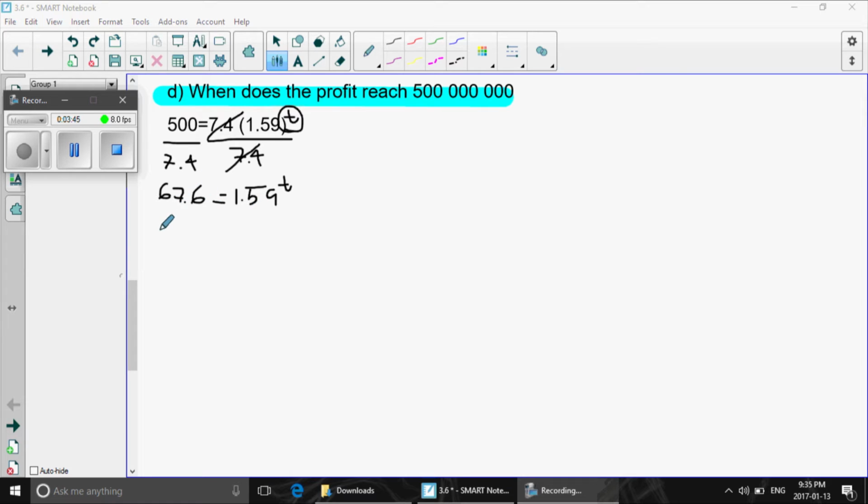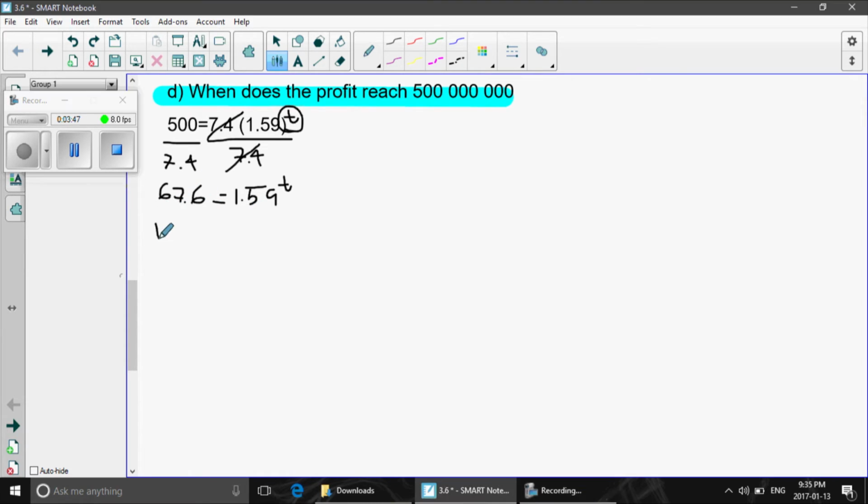So what we're going to do first is say log 67.6 is equal to t log 1.59. So again, we're going to take down our exponent, which is t, so now we can solve for it.